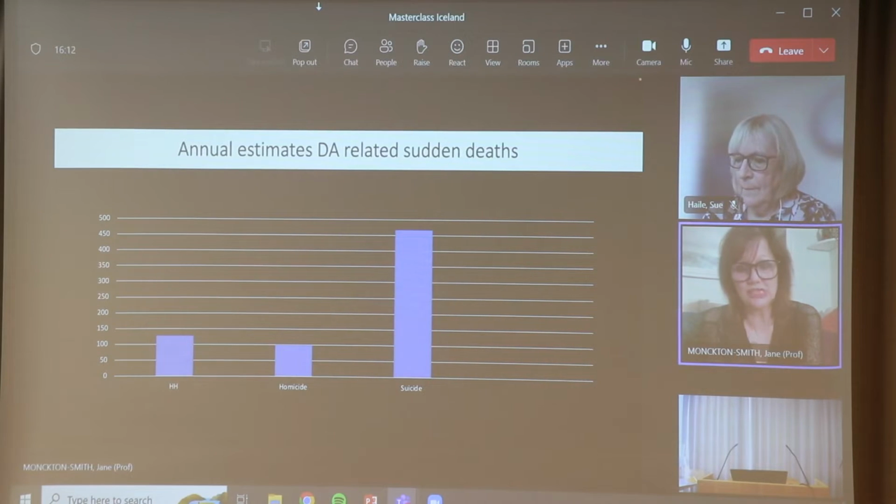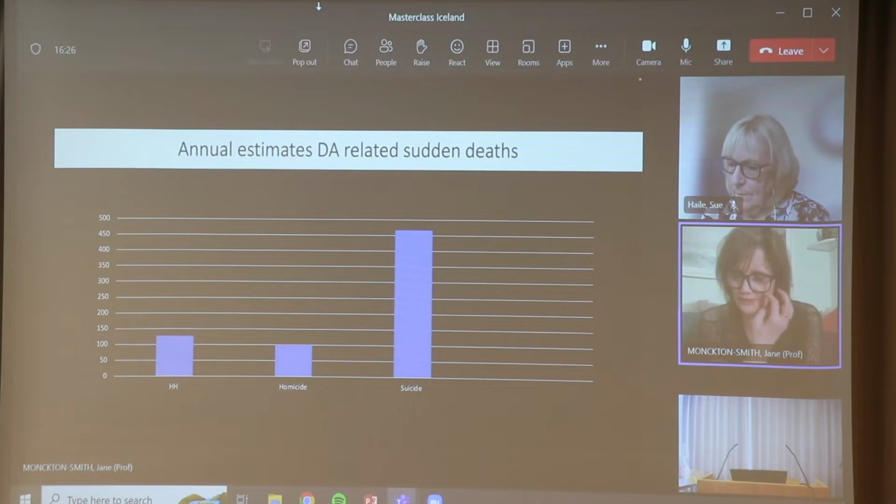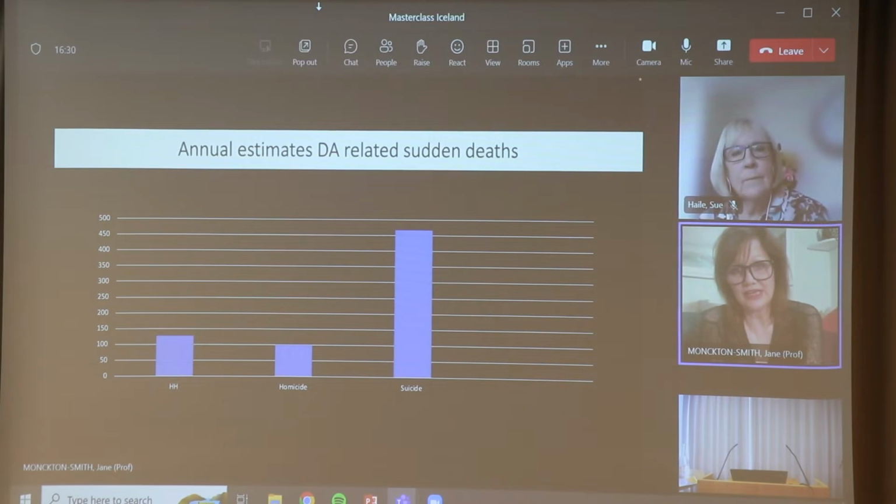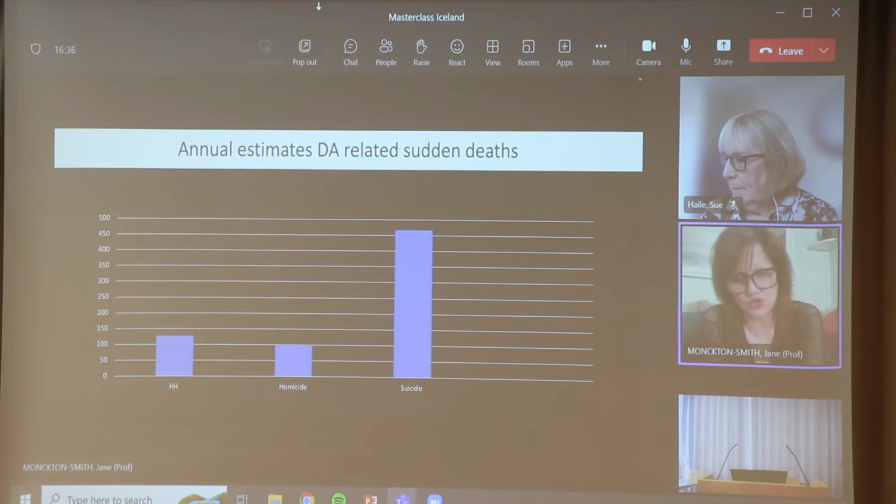So you can see the third column there, which reflects domestic abuse related suicide, not suicide in any other context. So where somebody has taken their life and they were suffering domestic abuse or controlling patterns or stalking at the time they died.